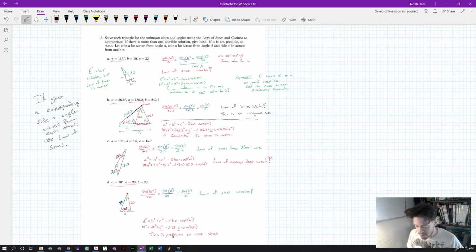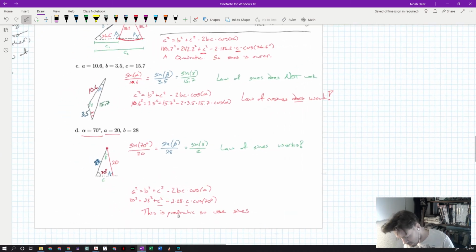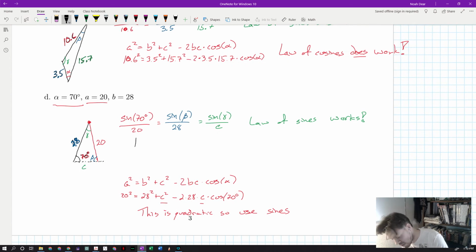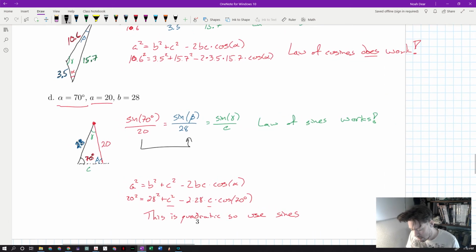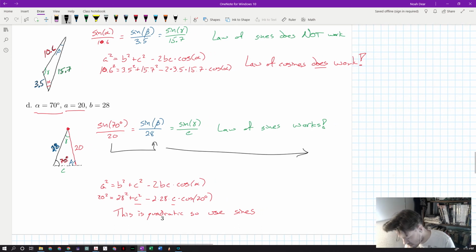And then I know that arbitrary, like when could there potentially be two triangles or no triangles, something like that? When does that occur? We're going to look at B and D again in a little bit more detail. So for D first, I'm going to look at these two where I'd be solving for B. So we try this, and I set this up, I get sine of beta equals 28 times sine of 70 degrees over 20.